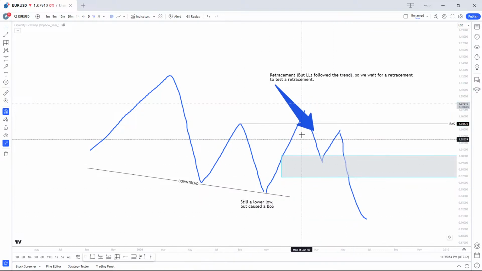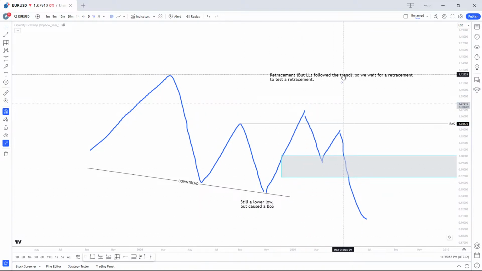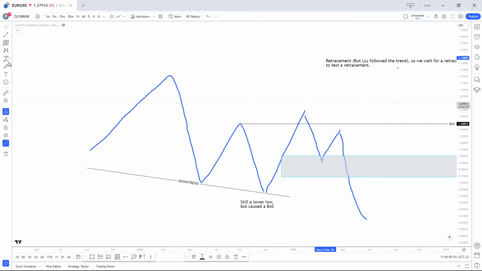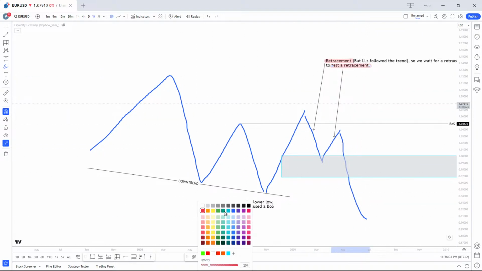Okay, I think this will be better, to actually highlight which retracement I mean. Maybe we can highlight this with some color. Where is this highlighter? Retracement. Test the retracement. So we can make this one a different color.